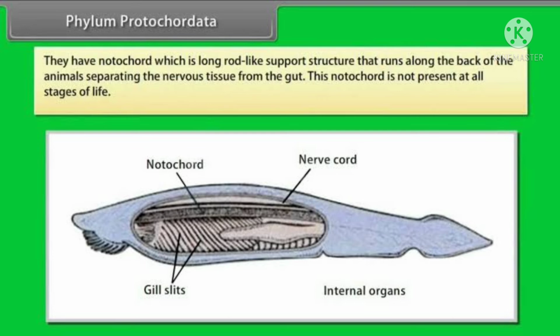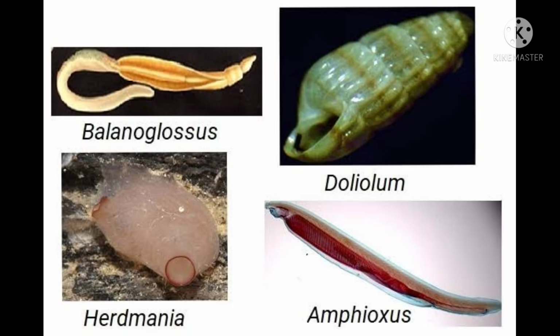It provides a place for muscles to attach for ease of movement. Protochordates may not have a proper notochord at all stages of their lives or for the entire length of the animal. Protochordates are marine animals. Herdmania, Amphioxus, and Balanoglossus are common examples.